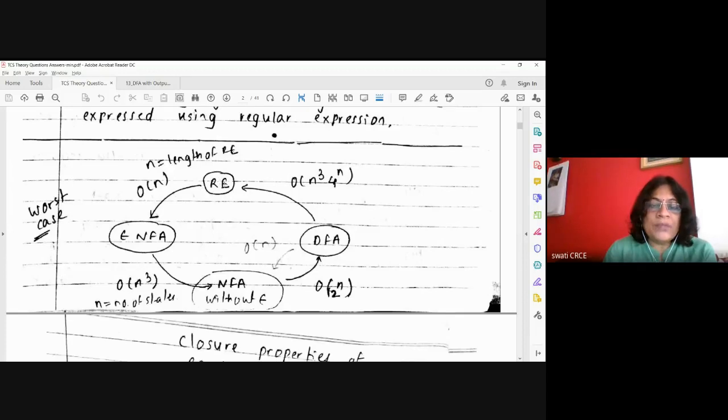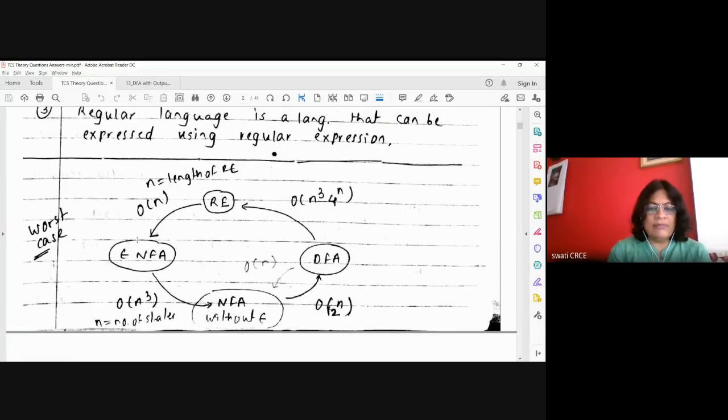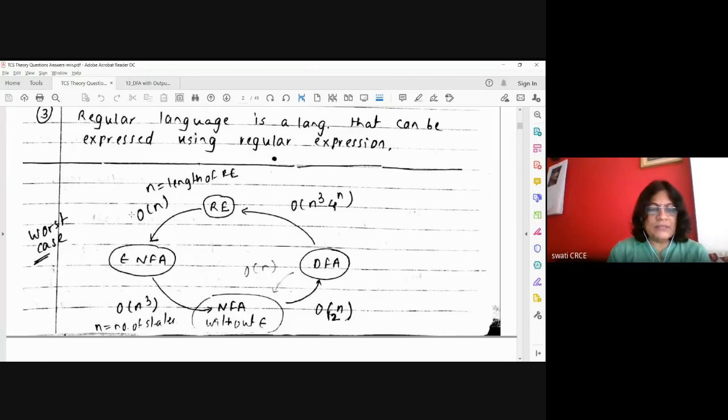Suppose for a regular expression there are n number of terms. Then for NFA with epsilon, we get n cube number of states. So this is like a calculation of complexity, how many states are there.